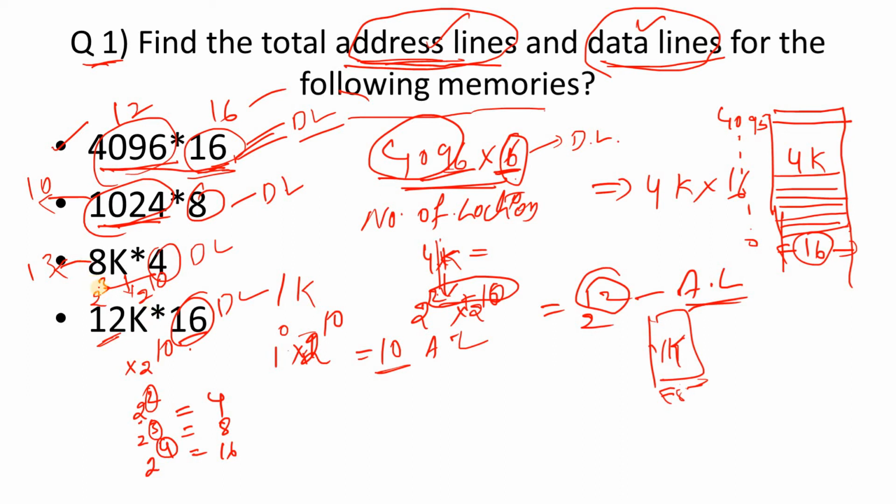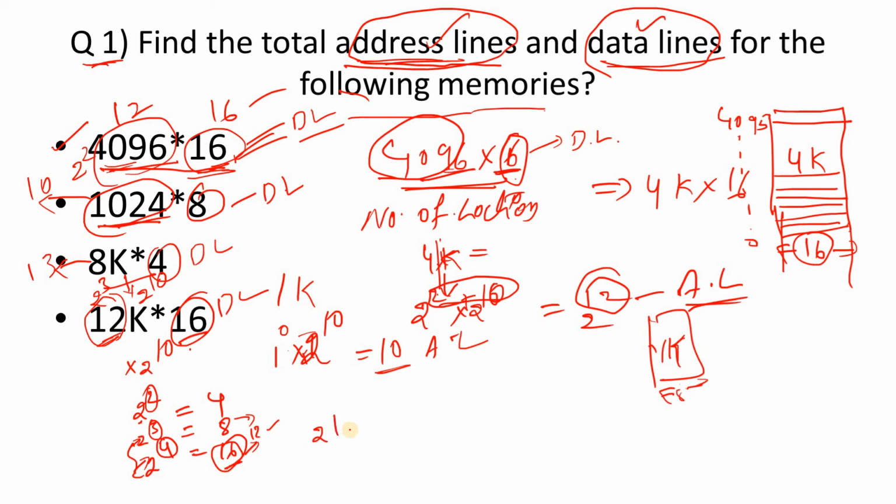Here 8 means directly 2 power 3, that means 3 address lines to access 8. Here 1k means 2 power 0, which we consider as 1, and 4k means 4 is 2 power 2. But in this case, 12 is not an exact power value. It lies in between 2 power 3 and 2 power 4, the middle value of 8 and 16.